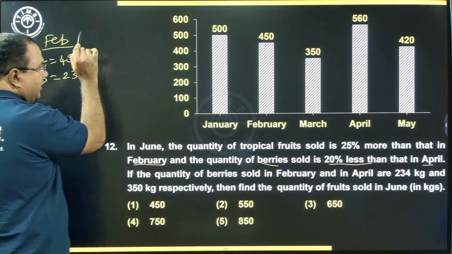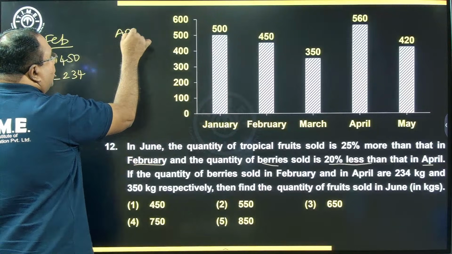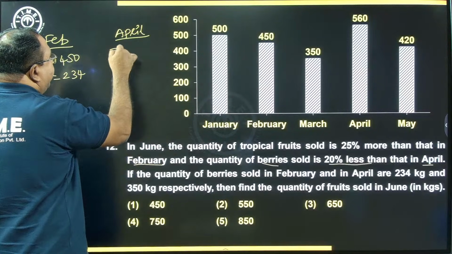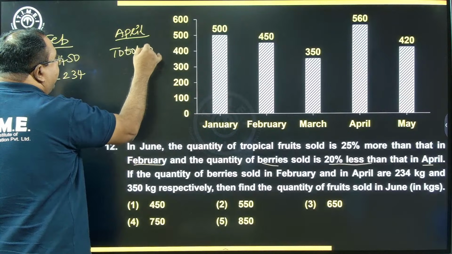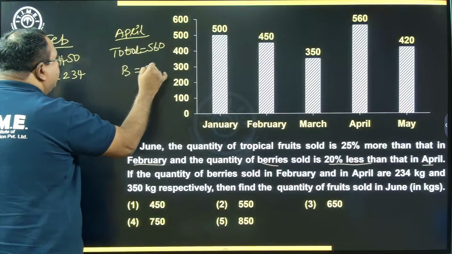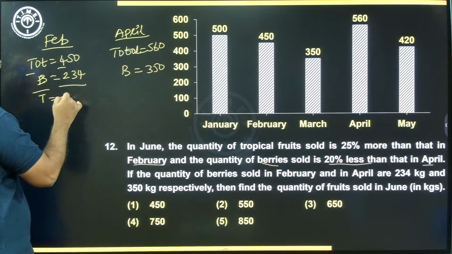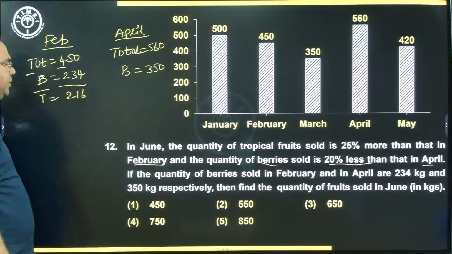234. Then what's the other month? April. April, total fruits 560, and berries sold will be 350. So here, how many tropical fruits? If I remove berries from the total, I'll get tropical fruits. 216, right?